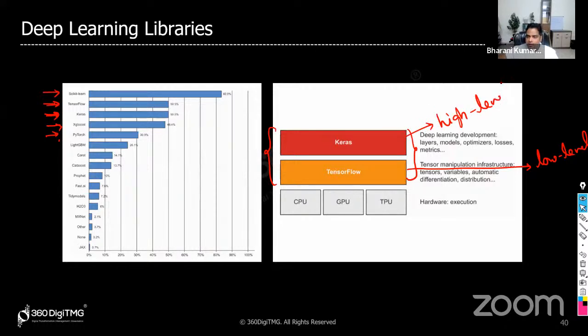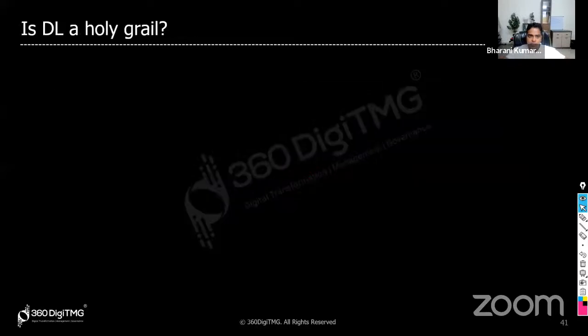And Keras is high-level. So even if you're a new person to deep learning, you can still do that. And these libraries can run on CPUs, GPUs, and also on TPUs, tensor processing units, which Google has come up with. And this is from TensorFlow standpoint.